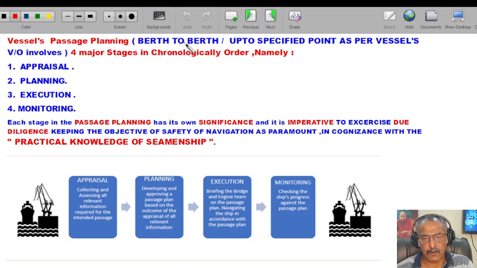Then from pilot drop off to the coastal passage. Once the coastal passage is over, that is the second leg. The third leg would be the open sea or ocean passage, subject to where the vessel is heading. And the fourth passage would be again a coastal passage or critical passage.